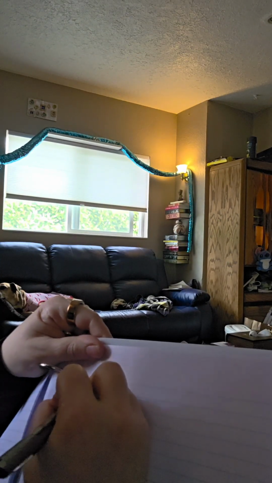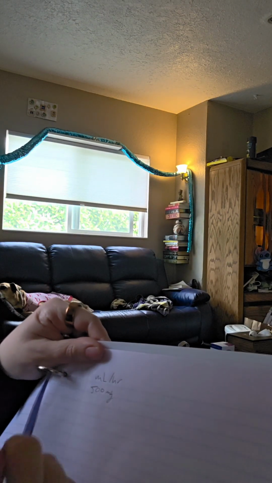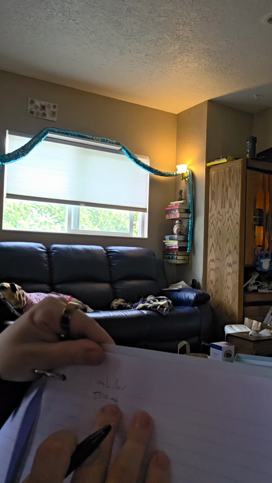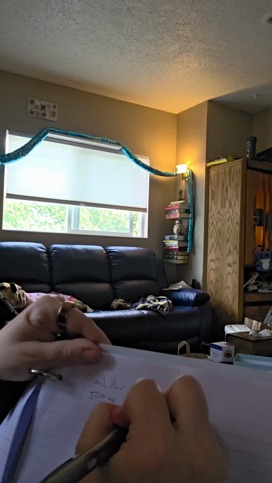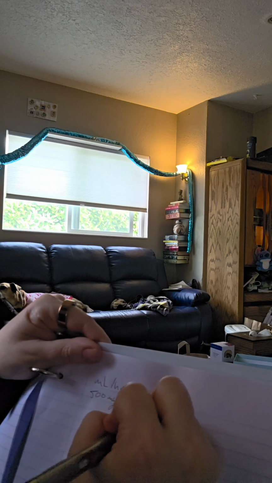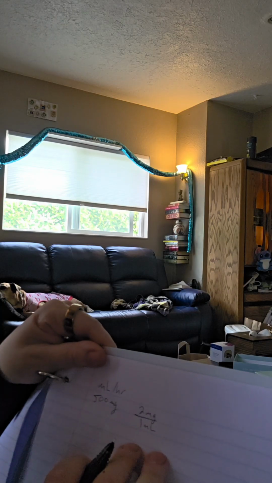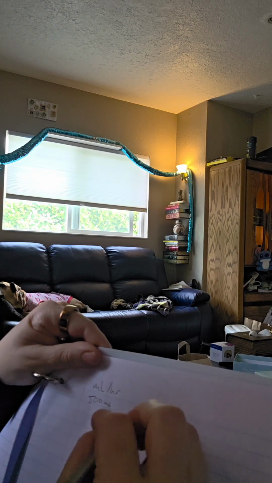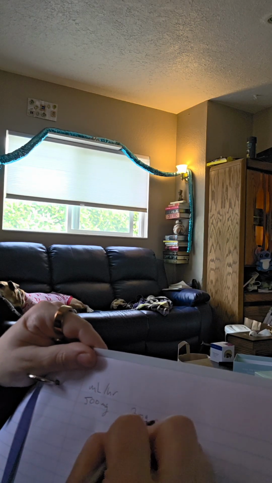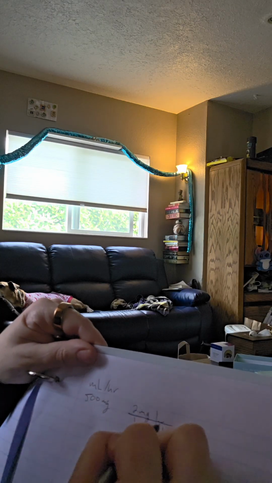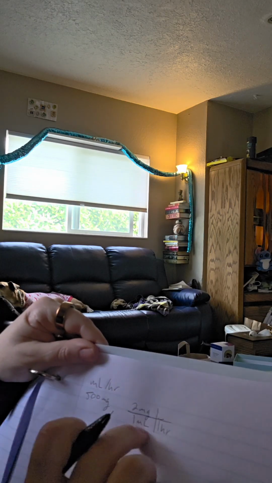Now we have 500 milligrams is how much she needs. We also have 2 milligrams per 1 milliliter. And it needs to be administered over 1 hour. Now we know we want to end up with milliliters.